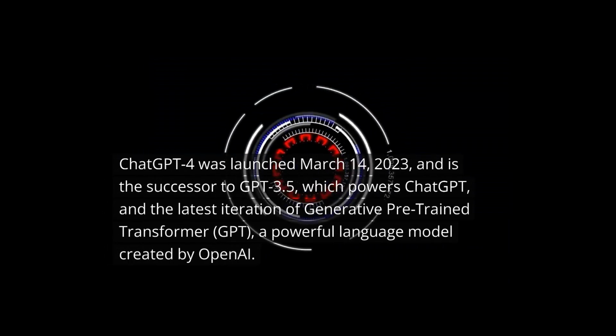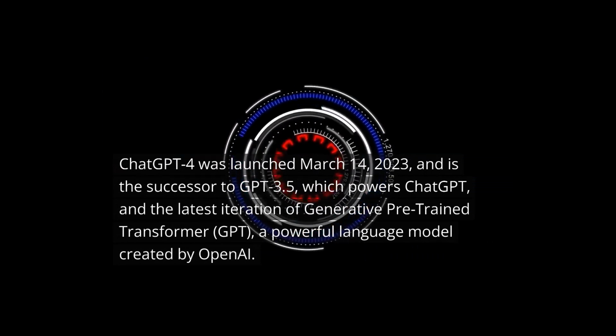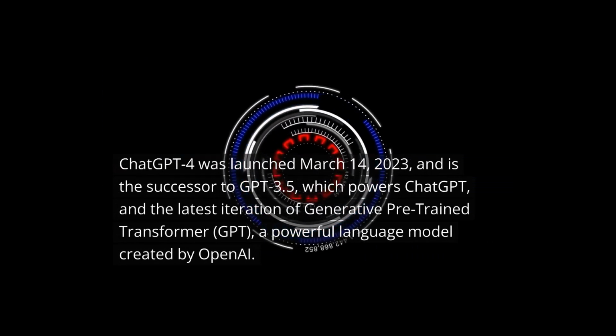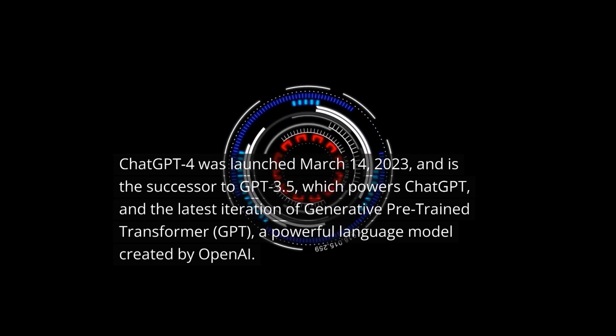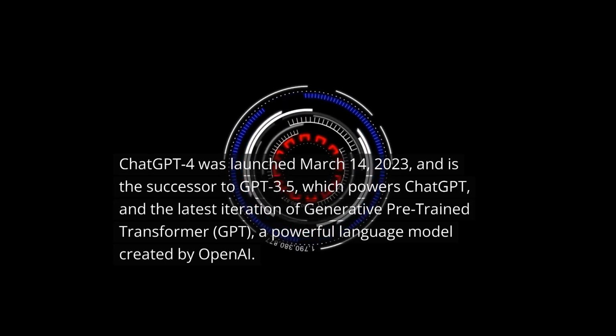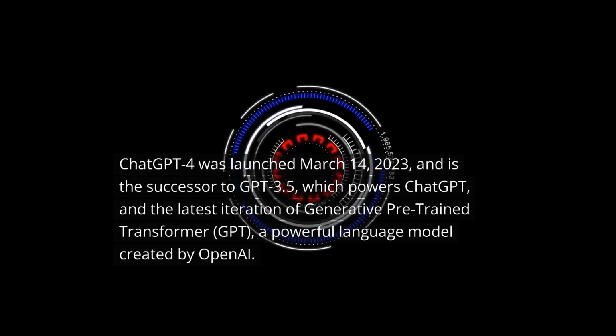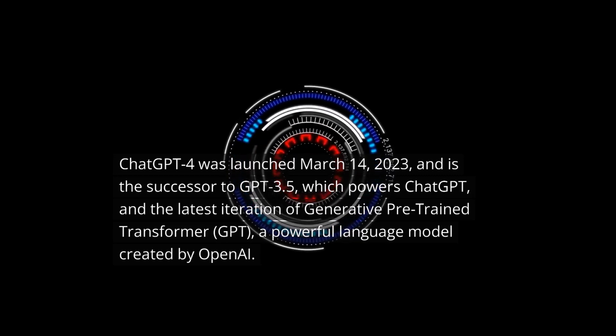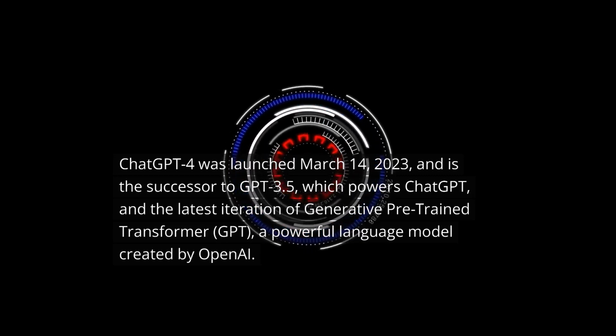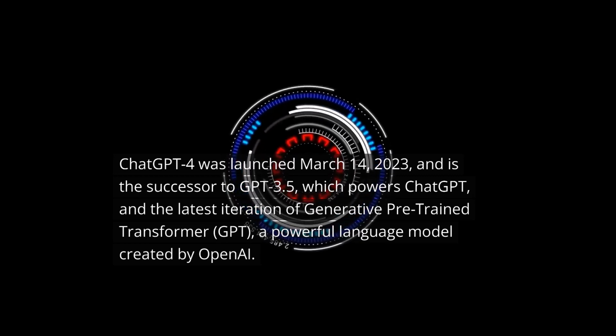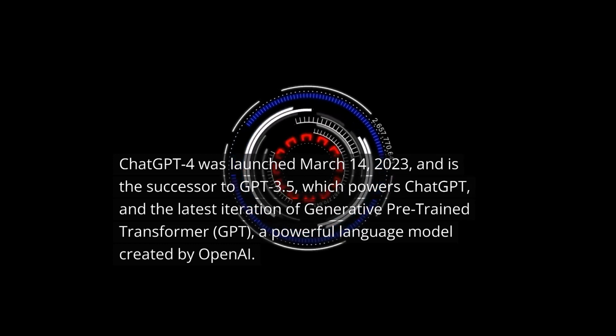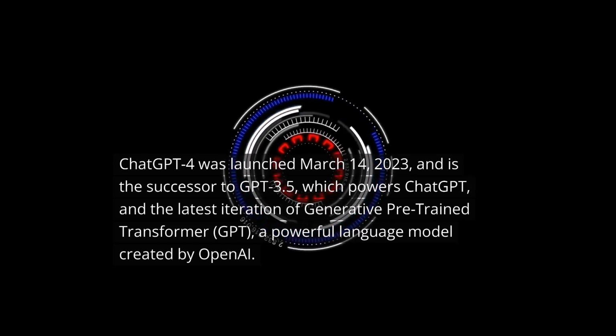GPT-4 was launched March 14th, 2023, and is the successor to GPT 3.5, which powers ChatGPT and the latest iteration of Generative Pre-trained Transformer, or GPT, a powerful language model created by OpenAI.